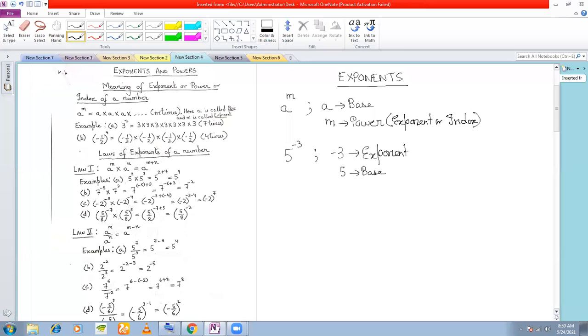Moving on to the meaning of the exponent of a number. What is the meaning of the power of a number? Suppose I have a to the power of m, then it simply means a is multiplied by itself m times.